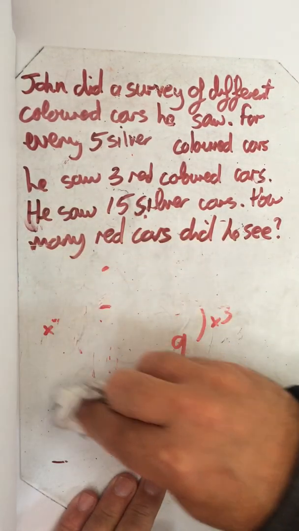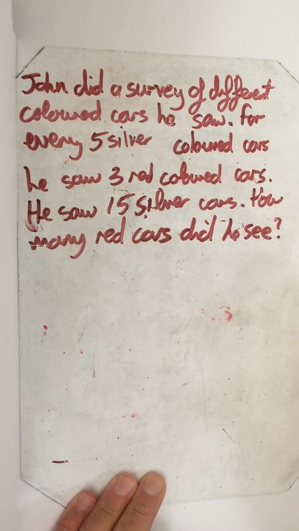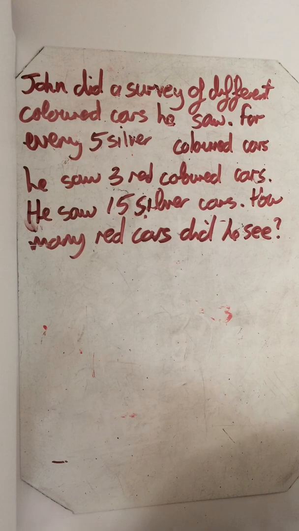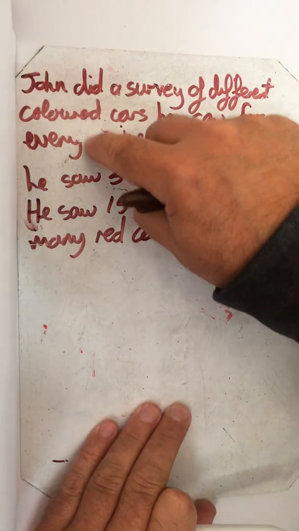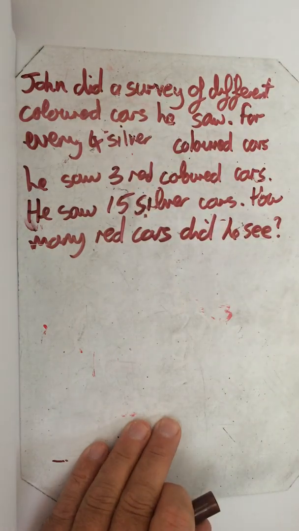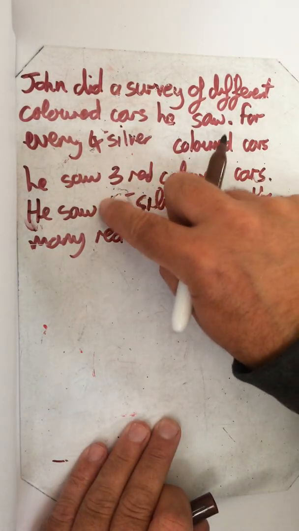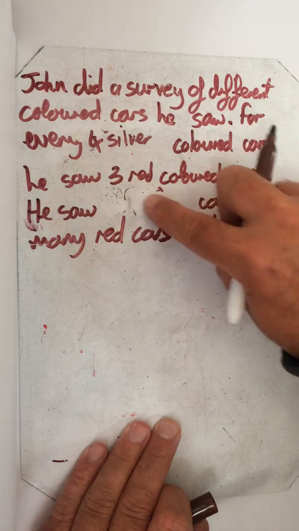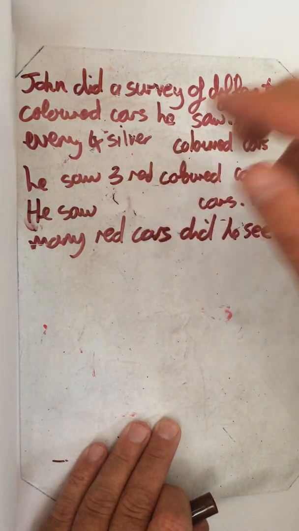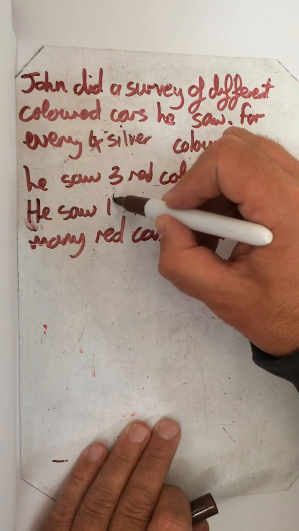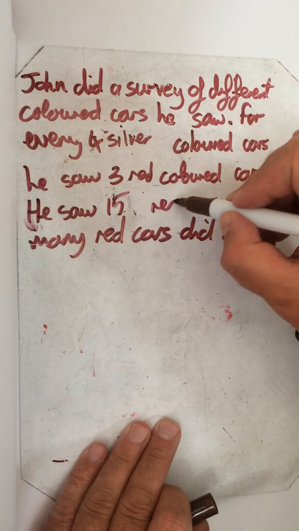Now, the numbers could easily change here. We could go for every 4 silver coloured cars, he saw 3. And we could say he saw, let's go with 15 red cars.